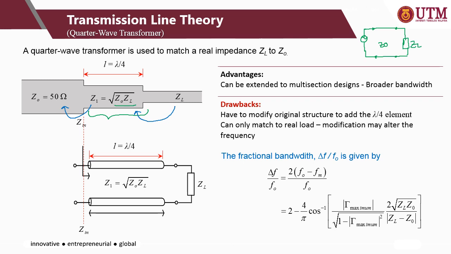Okay, so the characteristic impedance of the quarter wave transformer or lambda over 4 transmission line is equal to that. In this case, Z0 is 50 ohm, and ZL is the value here.